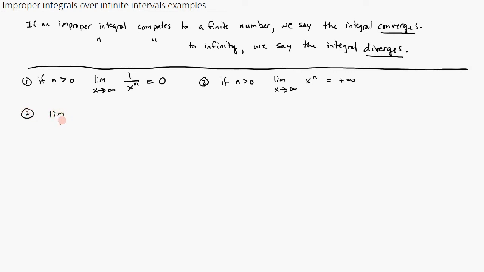The limit as x goes to infinity of e to the x goes to infinity. The limit as x goes to minus infinity of e to the x, so e to the minus infinity, goes to 0.